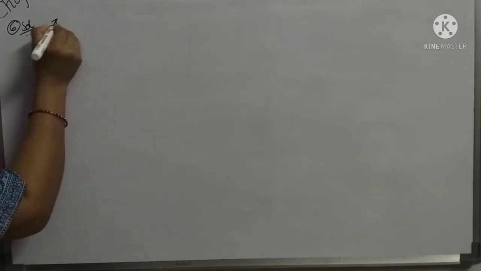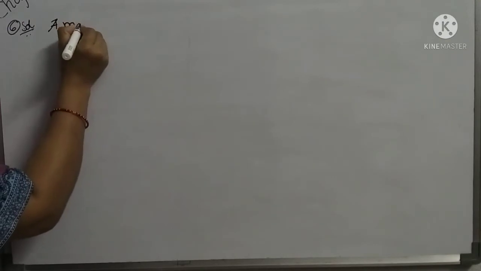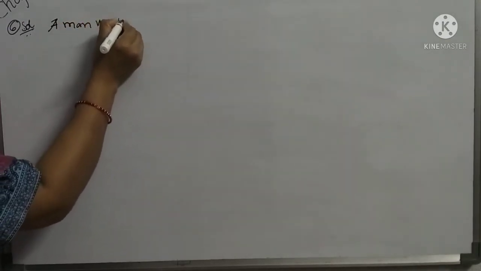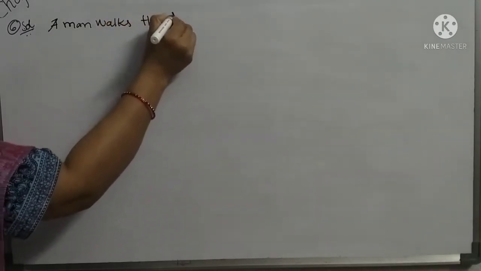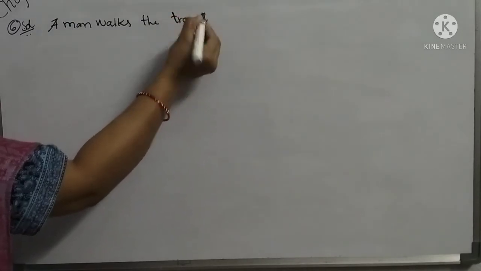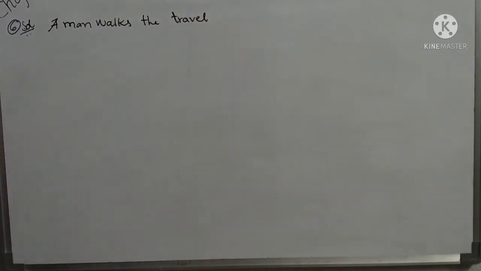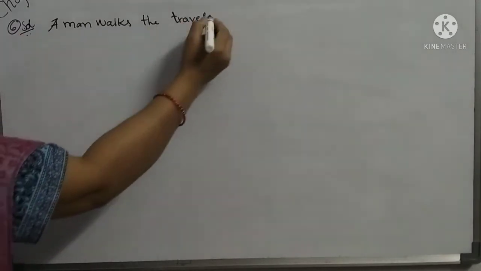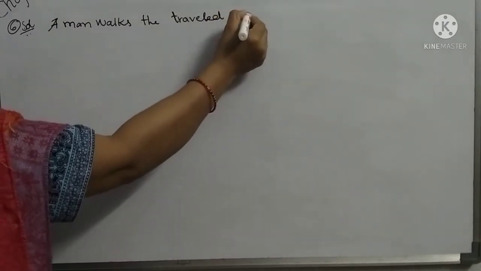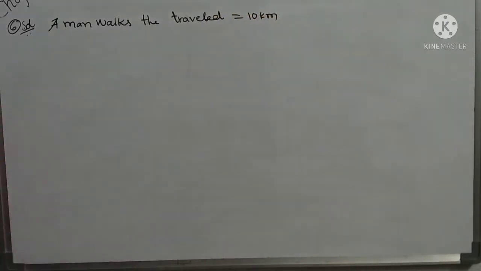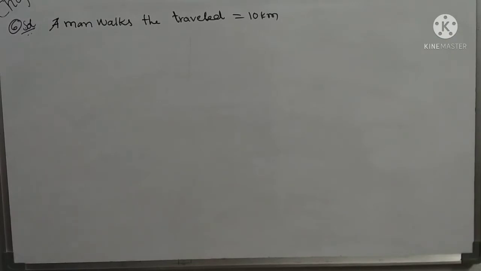A man walks, the distance travelled is equal to 10 kilometers. Understand? The distance travelled by walking is 10 kilometers. At the same time, the train distance is not given, so we have to take it as x.